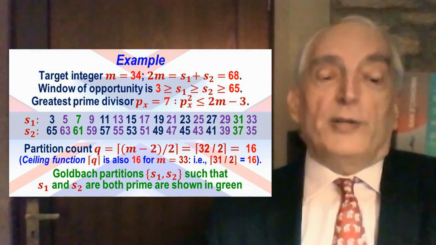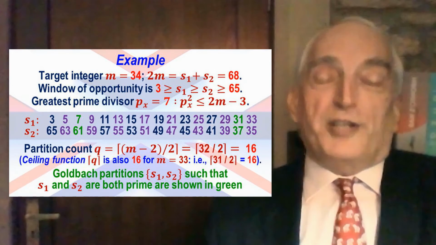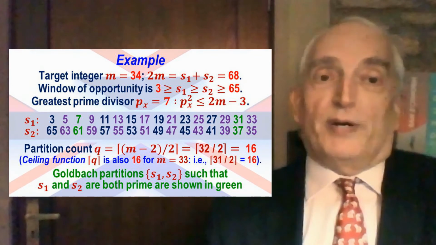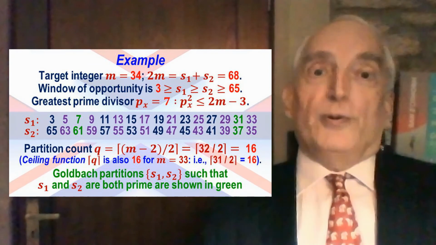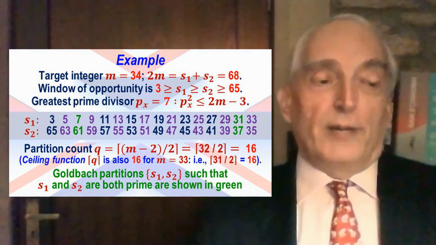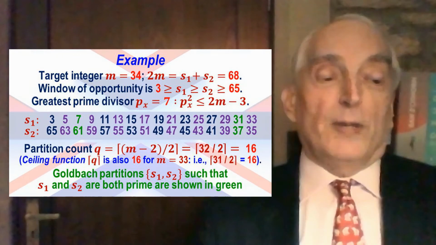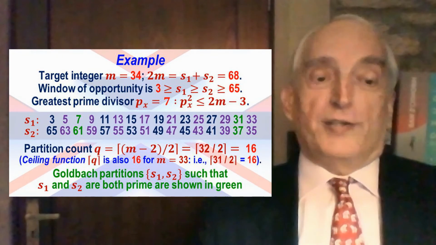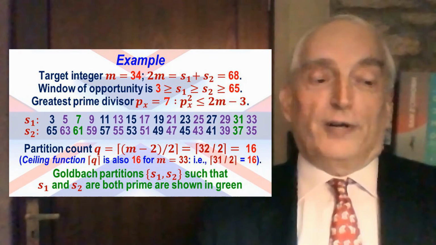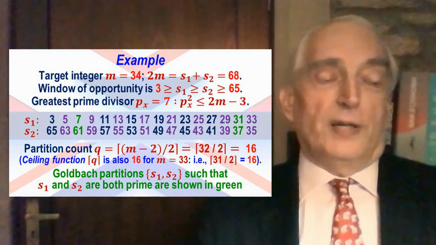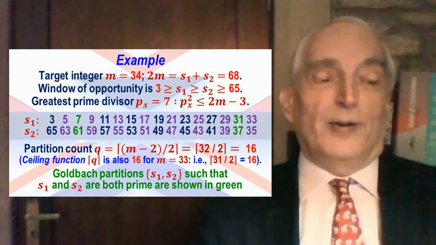But it's worth noting that for every partition count q, the number of partitions that fit in the window of opportunity, there are two potential values of m. m is 34 here, but it could also be 33. You could start the S2 row with 63 rather than 65, shifting all the row to the left and then putting another 33 at the right-hand end of that lower line.